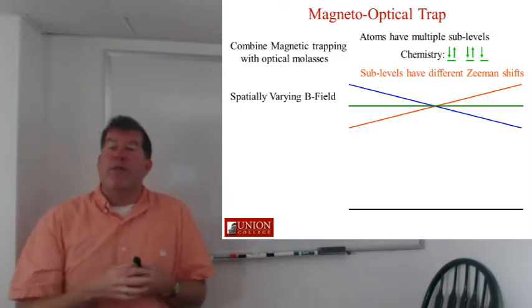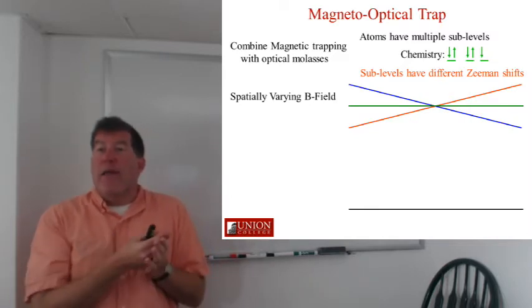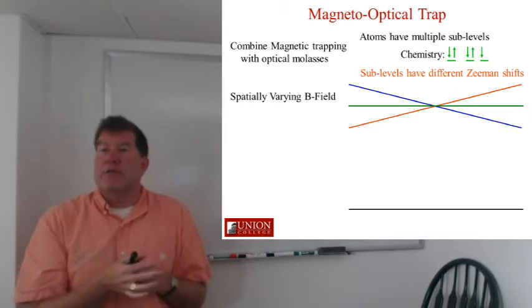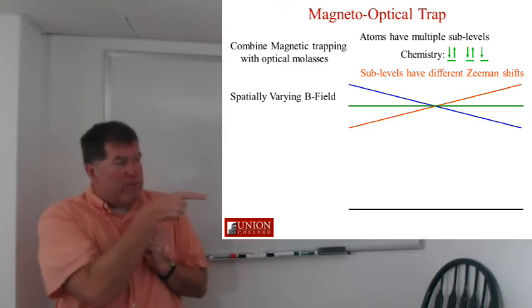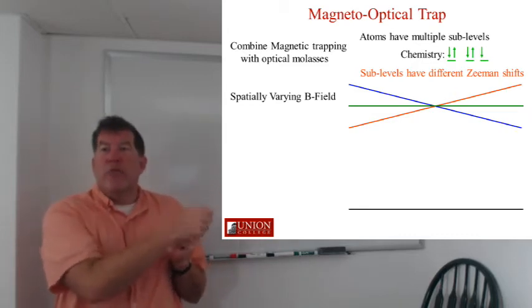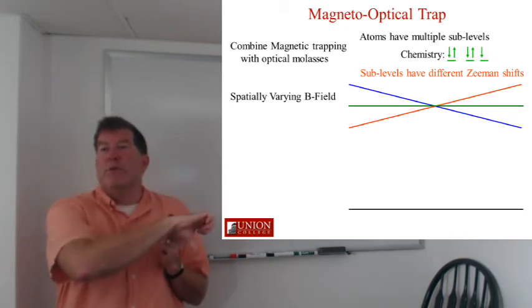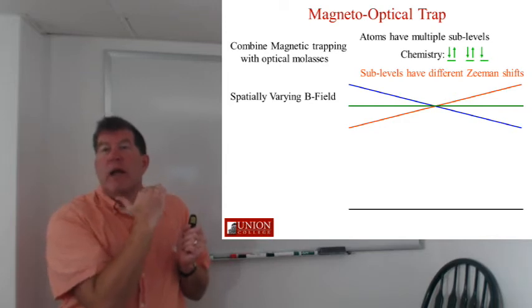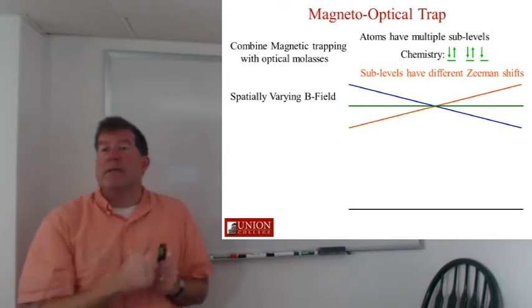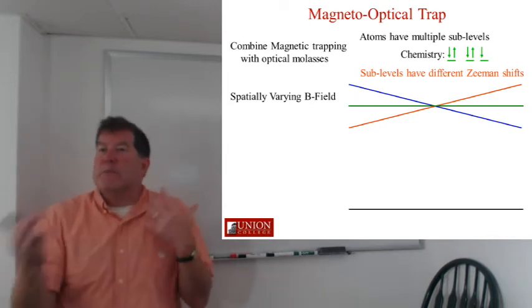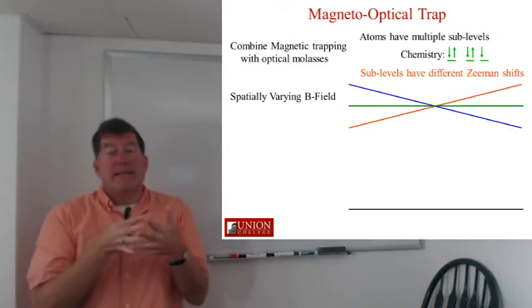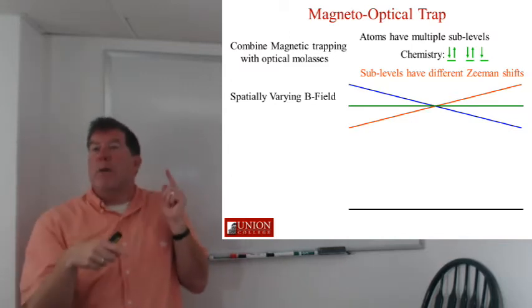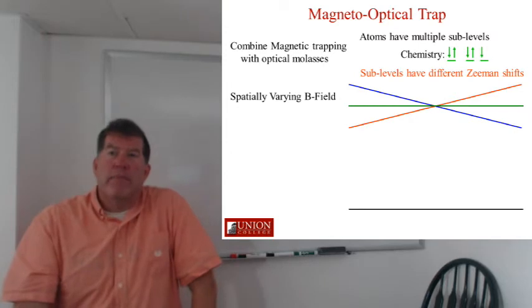And when you do that, you get 3 different Zeeman shifts that depend on the strength of the magnetic field. So if the magnetic field is big and pointing in that direction, then the red state goes up and the blue state goes down. If the field is big and pointing in the opposite direction, then the blue state goes up and the red state goes down. So I put on a spatially varying magnetic field, I get these states that split apart, and some of them go up in energy and some of them go down in energy.